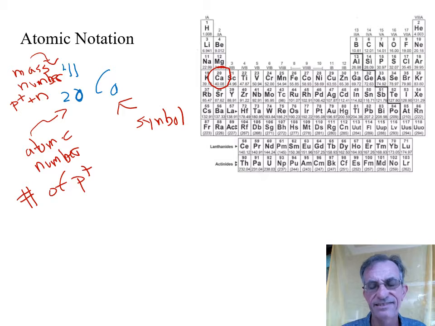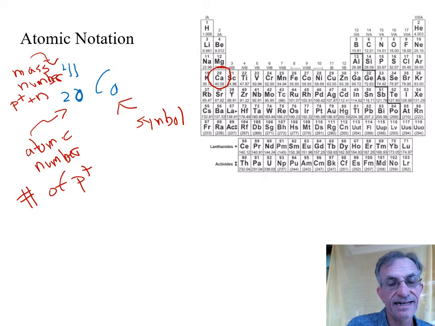So when you look at this symbol, you should be able to use it and tell me all about this atom. You should be able to tell me, hey, he's showing me a calcium atom. The symbol tells me that. And you should also be able to tell me what's inside of this calcium atom. The number in the bottom corner here, that's your protons. So this thing has got 20 protons.